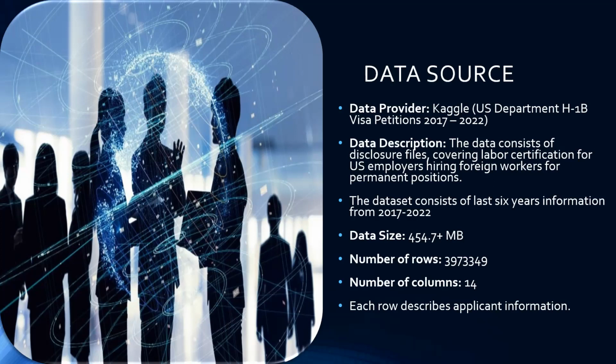The size of the data is around 454 MB, the number of rows is almost 39 million, and the number of columns is 14. Each row describes application information about the applicant, what the particular applicant is applying for from the employer, and what exactly his role is.